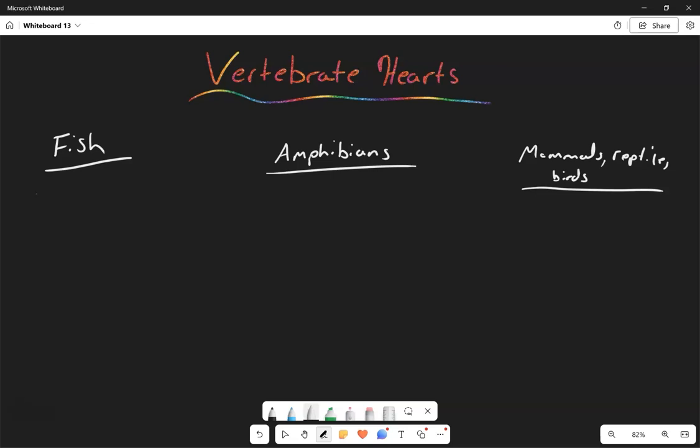Now, your fish has a two-chambered heart. Okay, so two chambers. The amphibian has three chambers, and the mammals, reptiles, and birds have four chambers. So as we go up the evolutionary tree, the number of chambers changes.